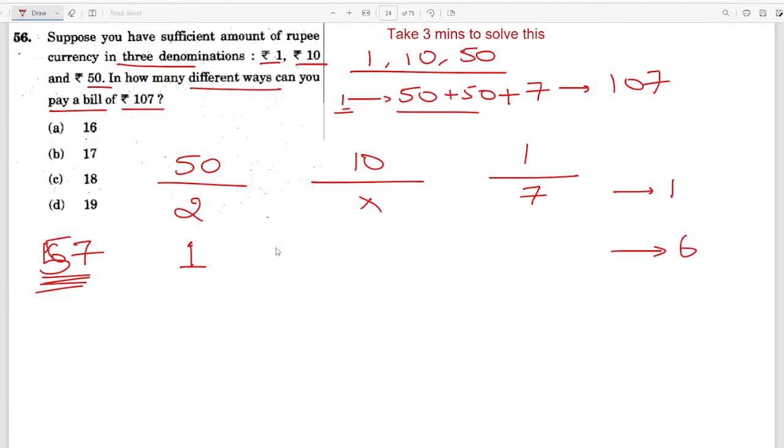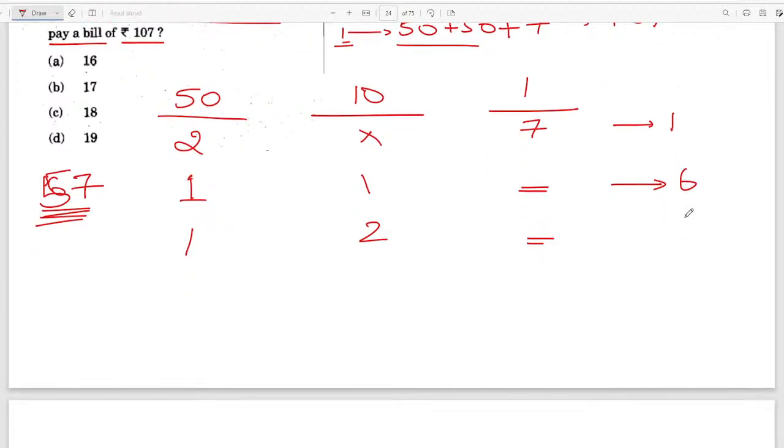One way would be to use one 10 rupee coin, so 50 plus 10 is 60, and then the remaining part you can pay in 1 rupee coins. Another way is to use 2, then the remaining would be 1 rupee coins. Similarly, use 3 coins, 4, 5, that's all.